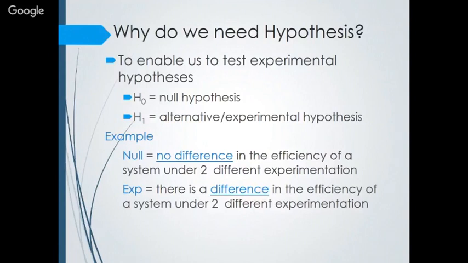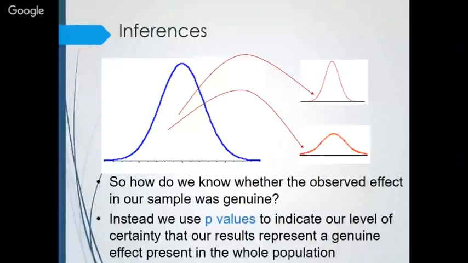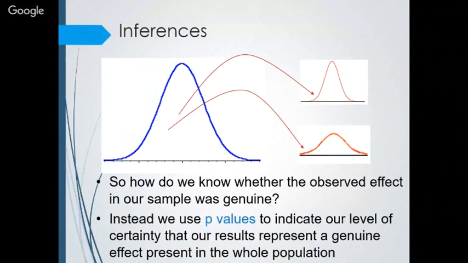What is inference? Inference is how we know whether the observed effect in our sample is genuine. We collected a sample from the population, for example, we selected some machines from the entire group of machines, tested them under two different testing conditions, and gathered data. We want to know whether there is any significant difference in the performance of that machine under the two experimental conditions. That is the ultimate experimental hypothesis.